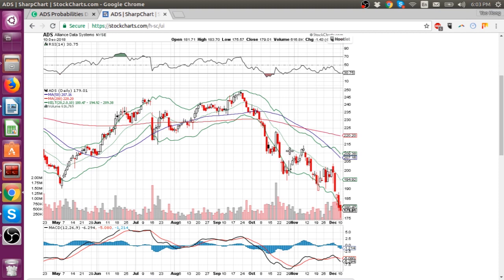One interesting thing about the middle Keltner channel is that it can act as either a support or a resistance depending on the trend that it's moving. If it's moving upwards, it acts as a support, and if it's moving downwards, it acts as a resistance line.